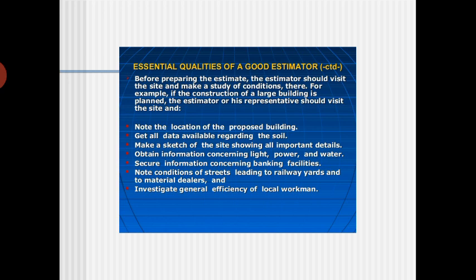There are some restrictions: the transportation cost should not be more than 5% of the total building cost. If it exceeds 5%, then according to the standards, the estimate you make will go wrong. Also investigate the general efficiency of the local workmen.